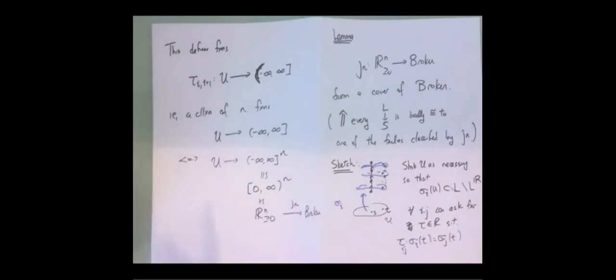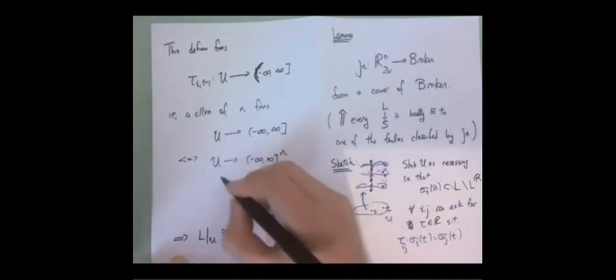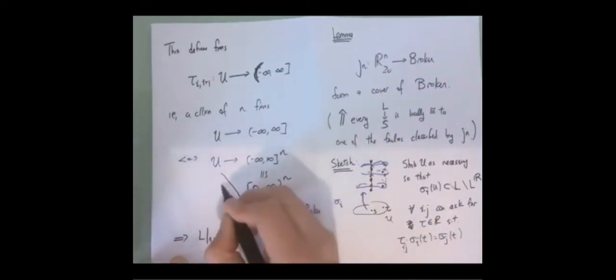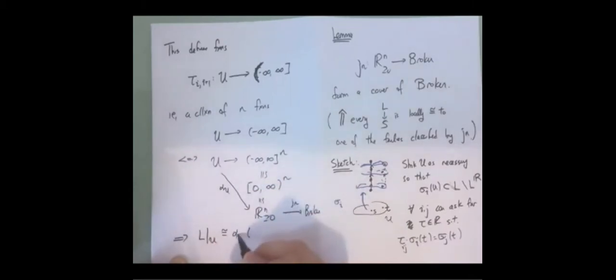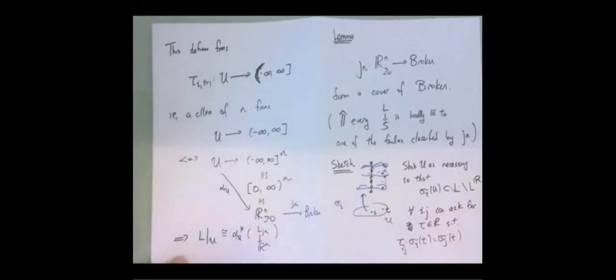And so this is the proof that L restricted to U is homeomorphic to this line. Let me call this map alpha U, to alpha U pullback of the line over R^n classified by this Jn. Okay, so this is a sketch of the proof of the lemma.